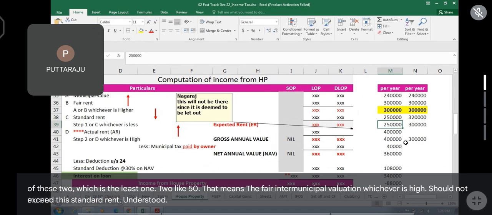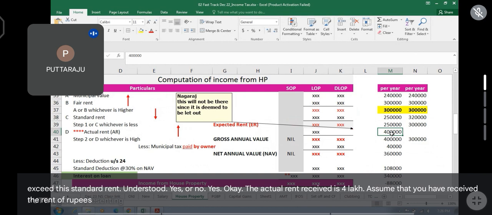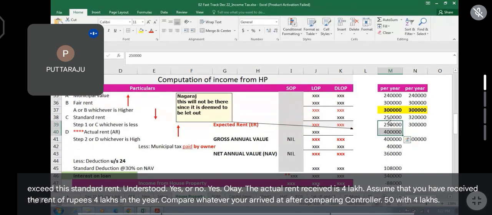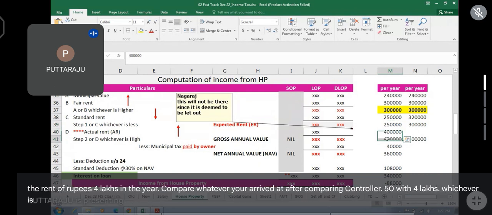Understood? Yes or no? Yes. Okay. The actual rent received is 4 lakh. Assume that you have received the rent of rupees 4 lakhs in the year. Compare whatever you arrived at after comparing 3 lakh and 2 lakh 50 with 4 lakhs. Whichever is higher, that will be your gross annual value.